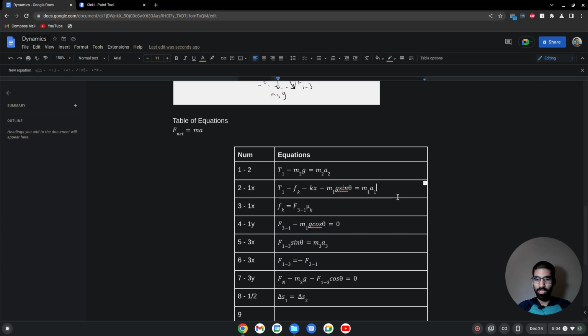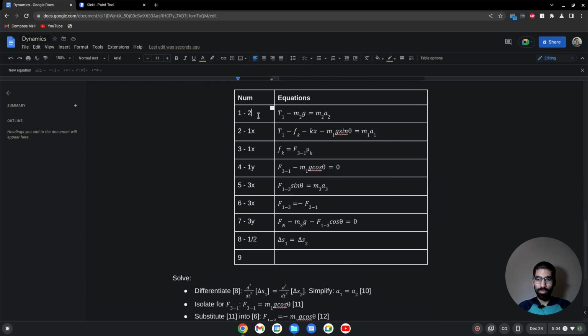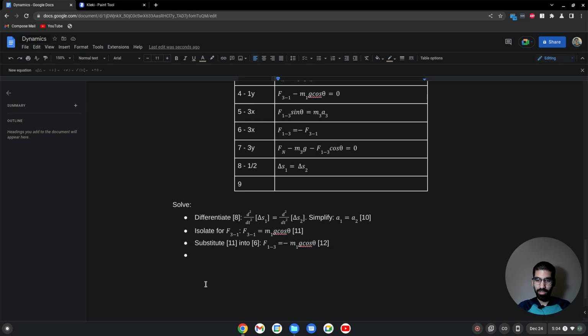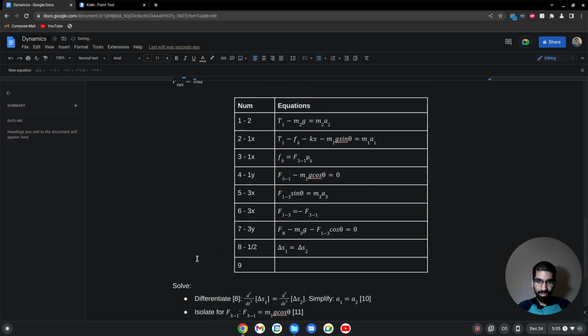That's the general strategy. So let us plug equation 10 into equation 1, which is a pretty simple substitution. We're just saying replace the variable a2 with a1.